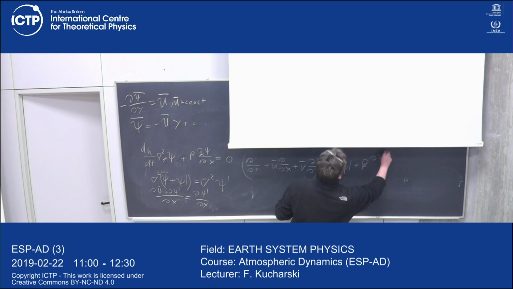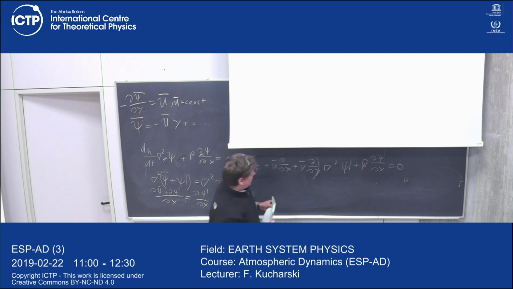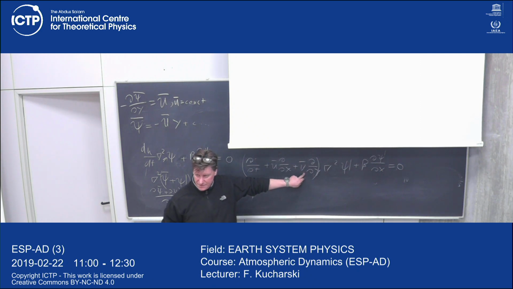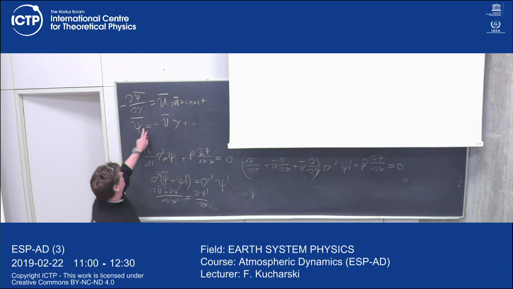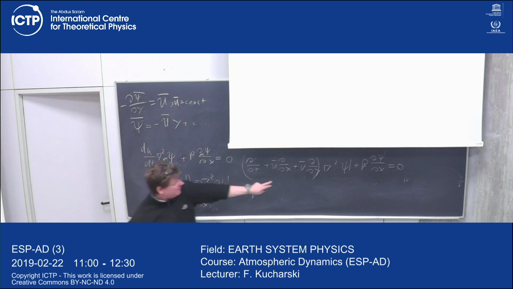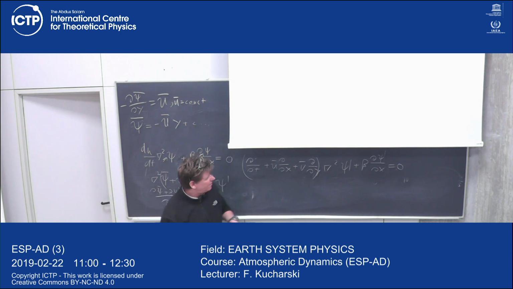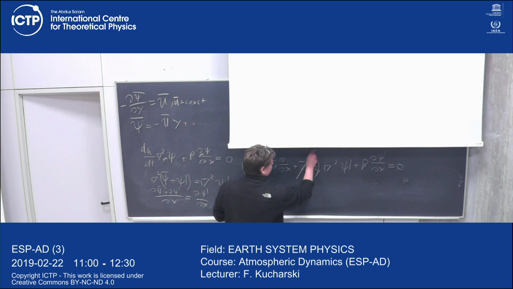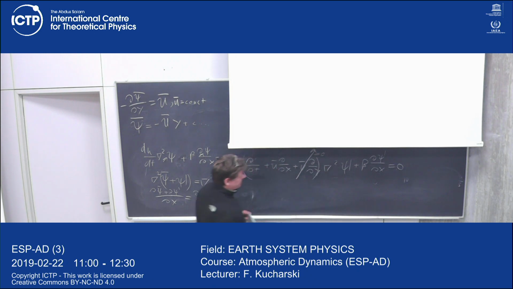Beta d psi prime by dx equals here. So what happens to this term? It's also 0 because of the mean state. d psi bar by dx gives us v bar, and that's 0. So this term is 0 again as a mean operator.